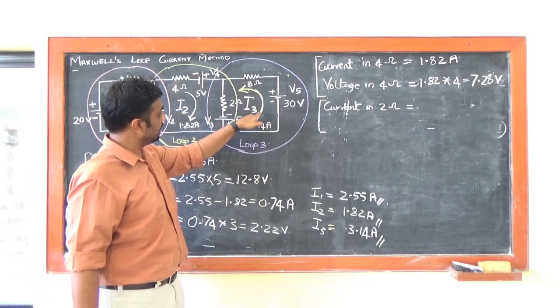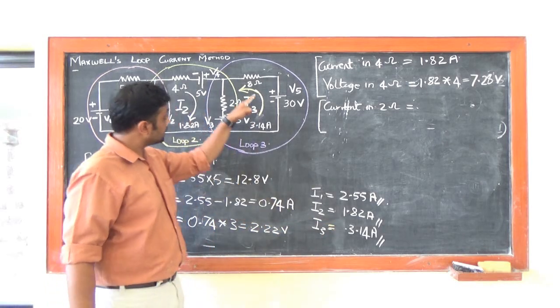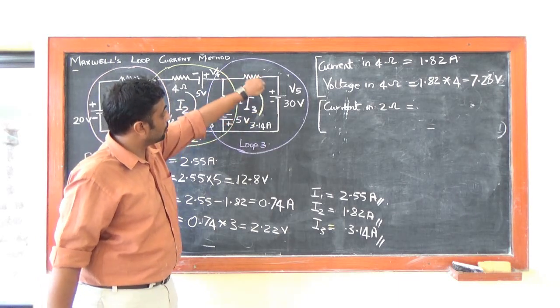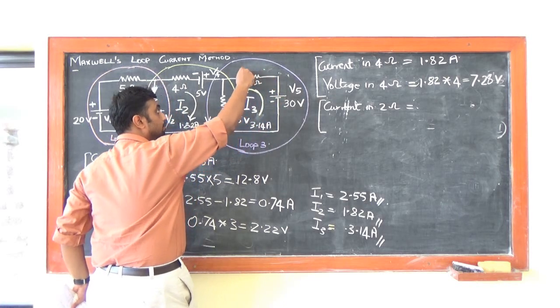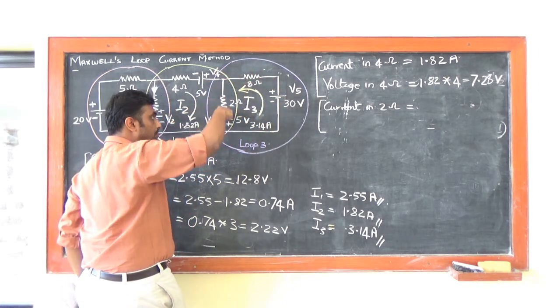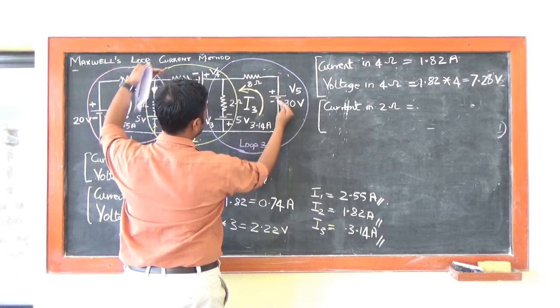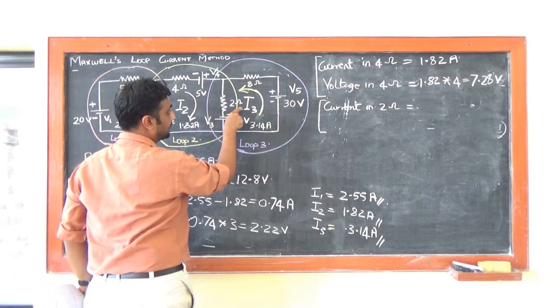But what about I3? Its direction got modified. What is the direction right now? It is anti-clockwise, so I3 is also moving from top to down. So I have I3 and I2 flowing, so it is an addition. So it will be I2 plus I3.